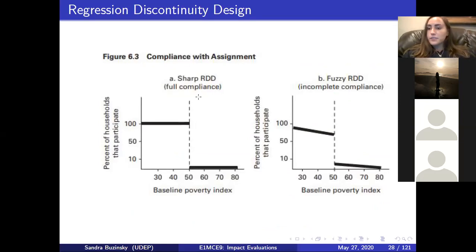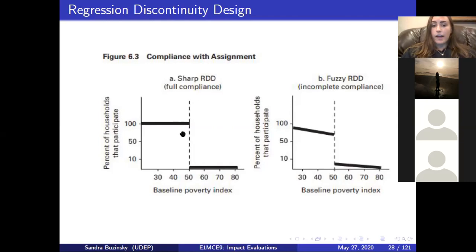The difference between a sharp RD and a fuzzy RD is that within the sharp RD, we have perfect compliance of the treatment assignment, right? So if you are within the eligibility window, say we're looking at below 50 on the poverty index, then everyone is treated, and anyone above is not treated.